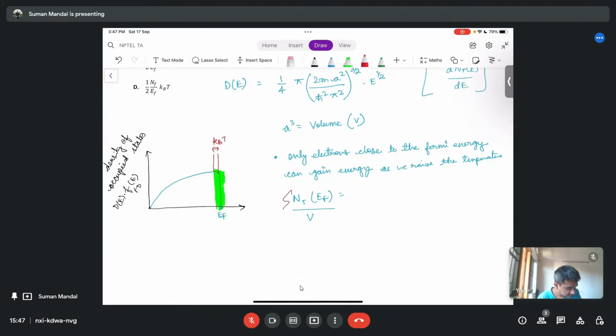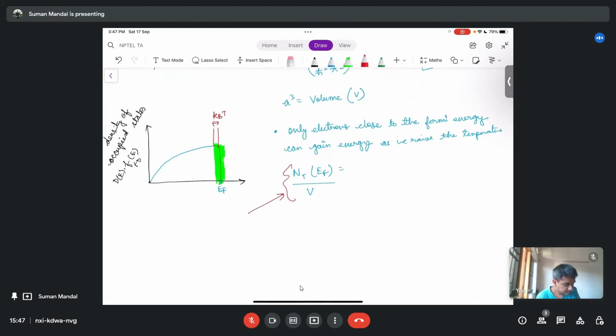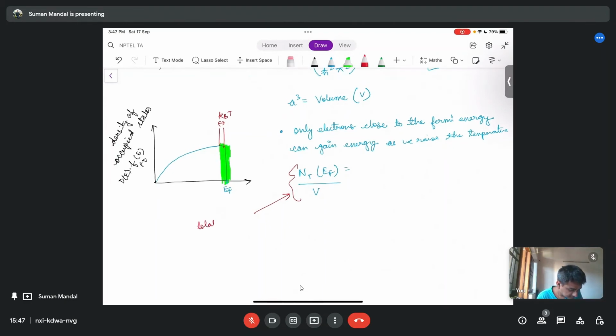So we'll define this. And if we consider the total number of states per unit volume, G, equal to this, okay, first write it here.